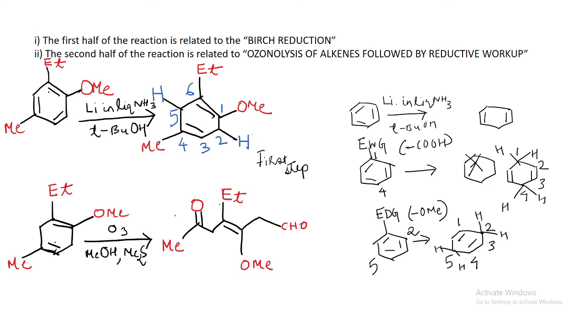So this double bond will be broken, and addition of oxygen will take place across this double bond. So if addition of oxygen takes place, then we will have a ketone and an aldehyde as the product, and the resulting compound will be an open chain compound.